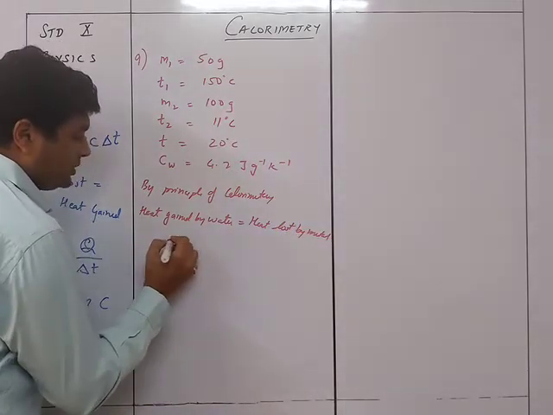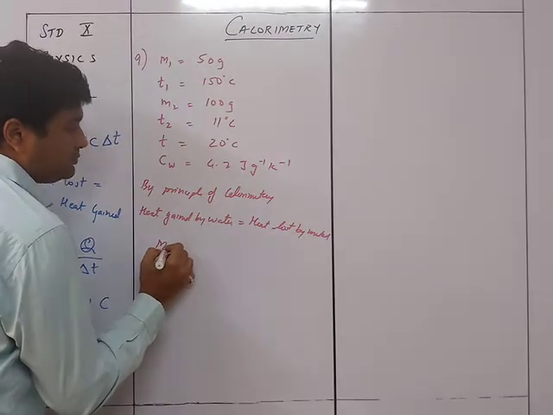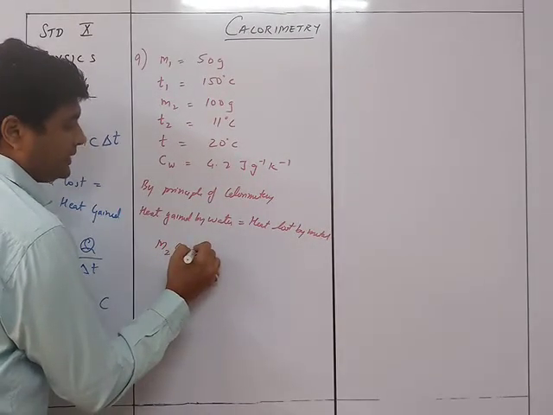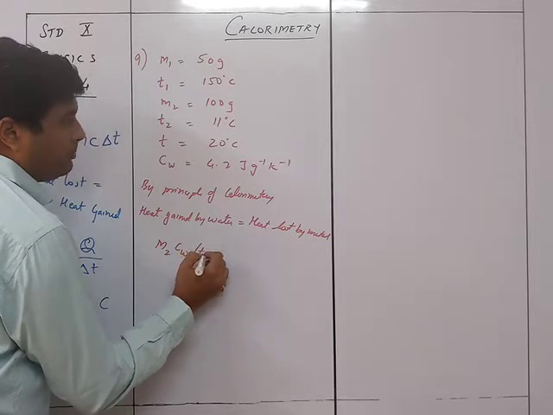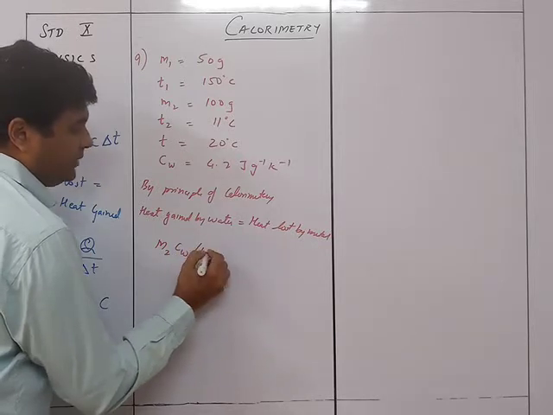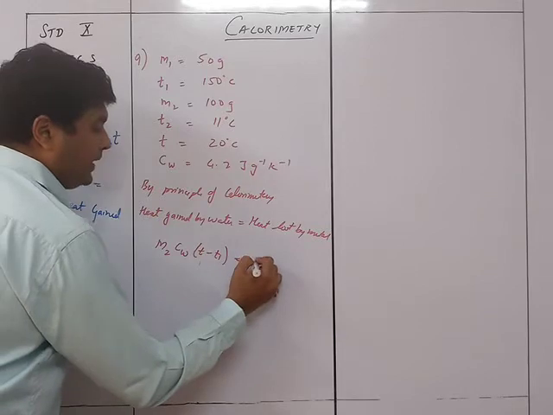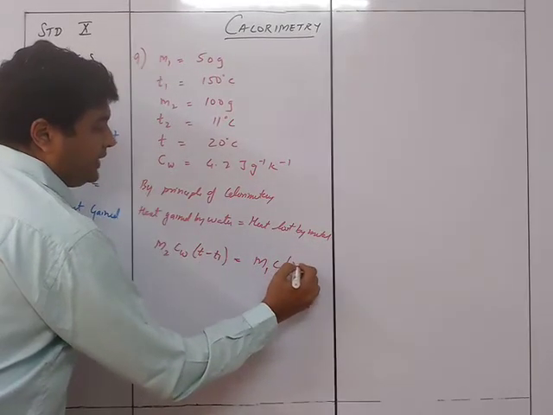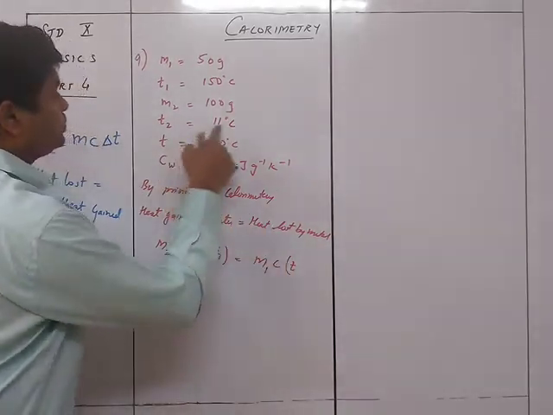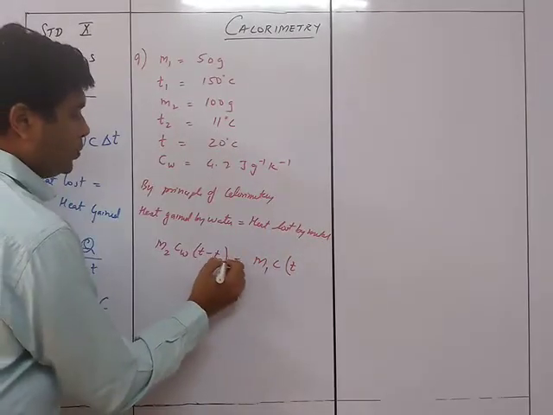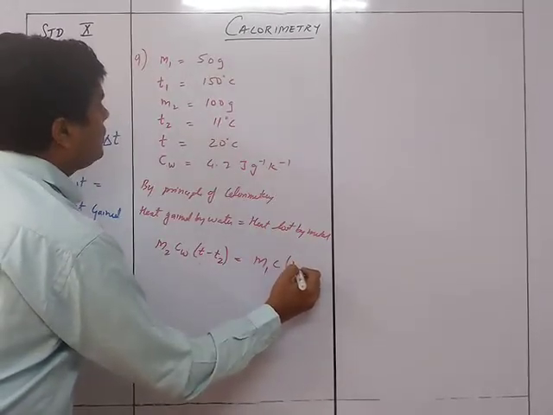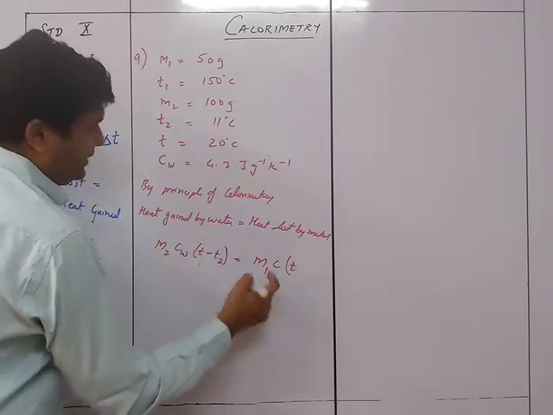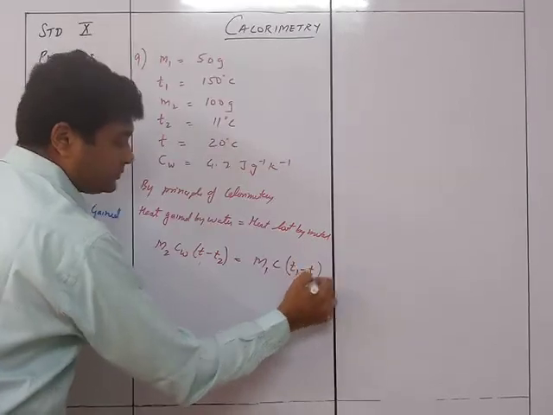So that is M2 C_W delta T, so it will be T minus T2, is equal to M1 C into T1 minus T. What was that? T1 is 150, yeah, okay. So T1 minus T.